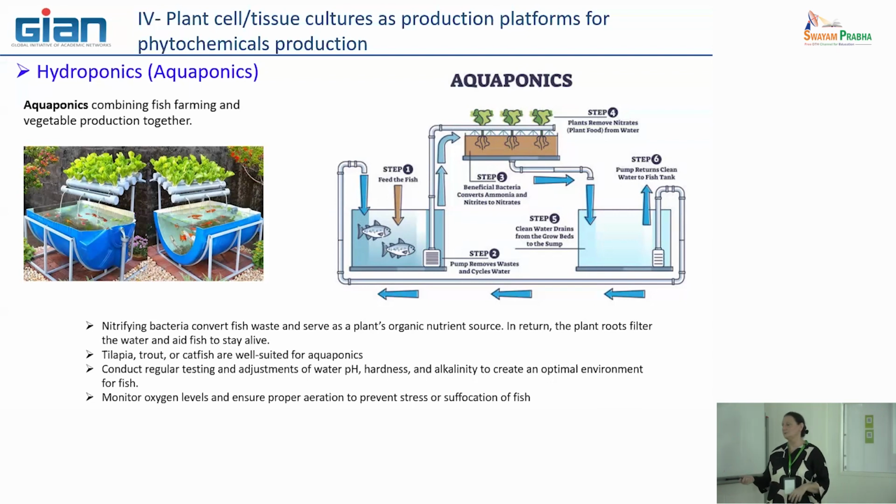So this is the only thing you have to check, and also you have to take care of the growth of your plants, and when they have arrived at the maximum of growth, to change all the system. All this is also under different monitors, in particular monitoring oxygen level, because for fish as for plants, it's very important to prevent stress, obviously, and also suffocation of fish. It would be a bad thing.